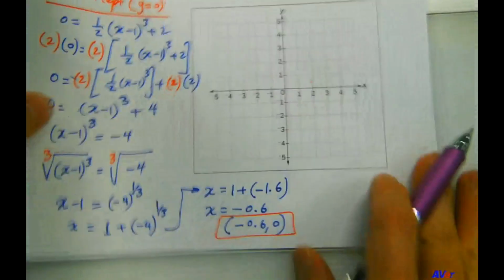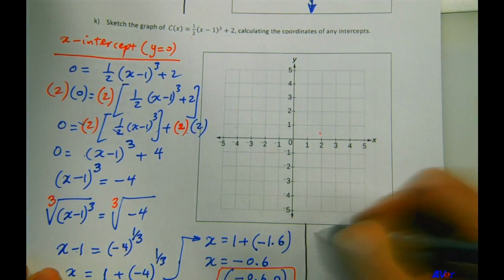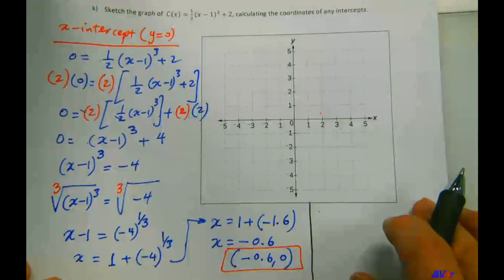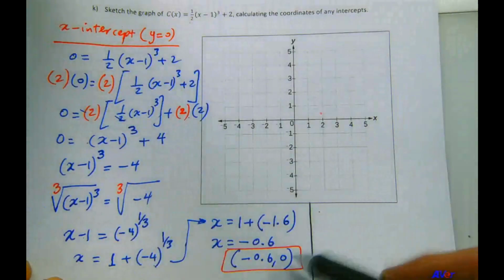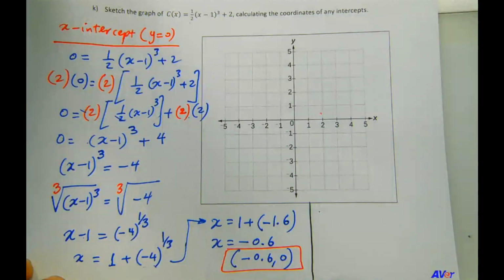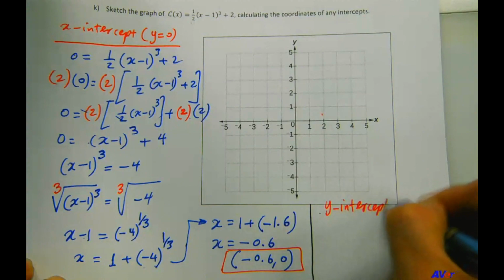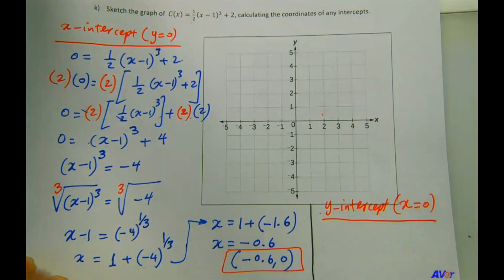Let's find the y-intercept. I'll do my best to squeeze all of that calculation here, so you can still see the function barely at the top of the screen. So the y-intercept is when x equals 0.